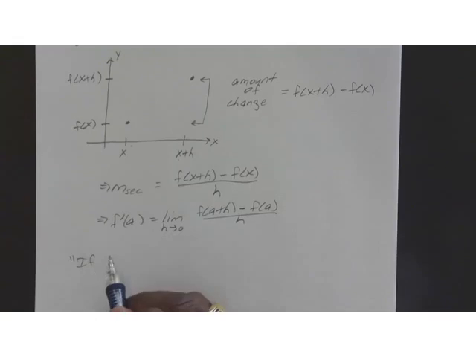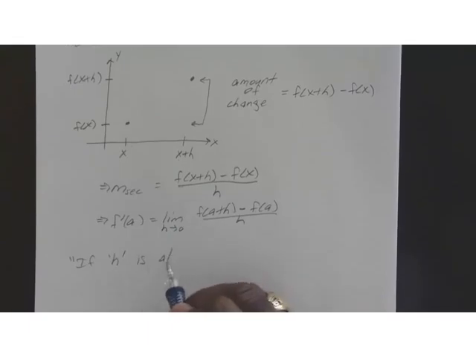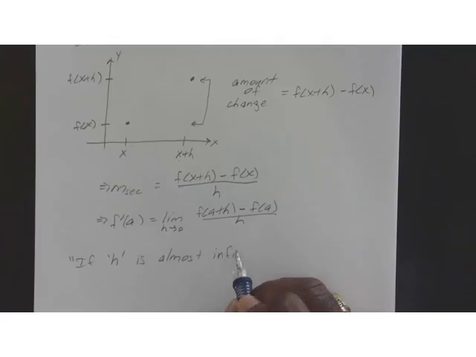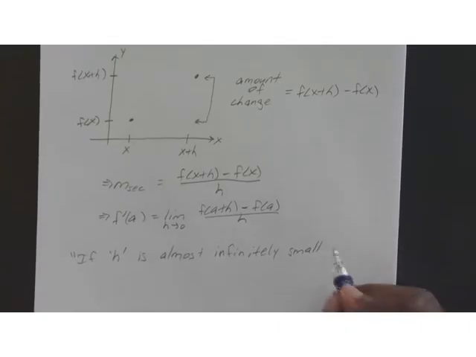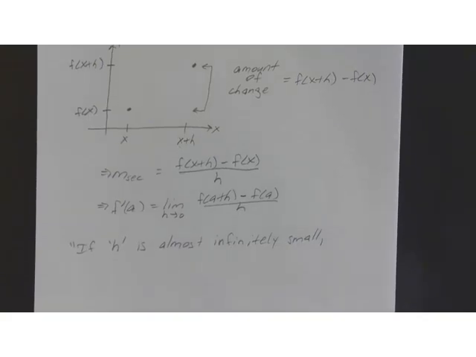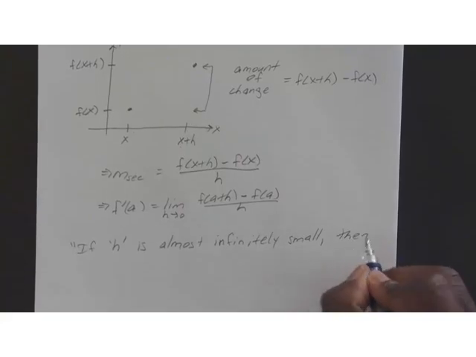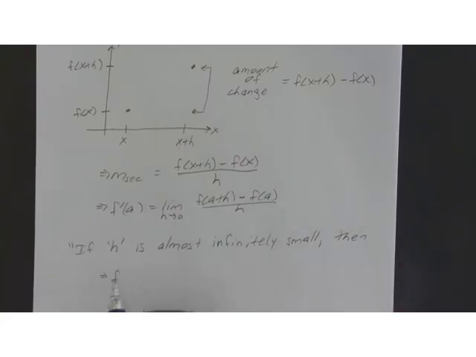Okay, so we know that if h is almost infinitely small, because it can be almost infinitely small since you'll never reach infinity, then our f prime of a is approximately equal to f of a plus h minus f of a all over h.